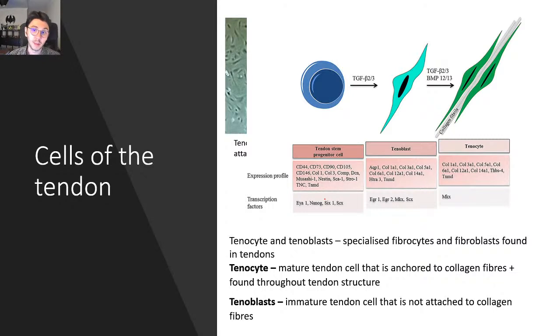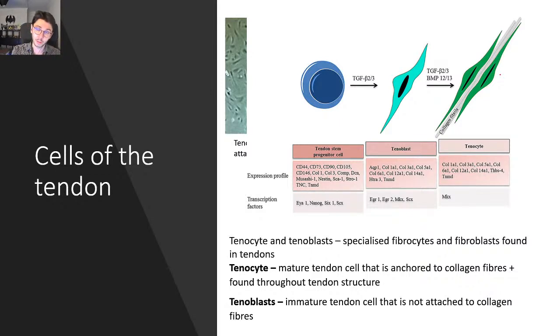And this is a sort of schematic to help you understand. So this is the stem cell, when it's in its most primitive phase. You don't need to know all these factors here, this is not necessary to know. But what I'm trying to show here is that under certain factors, such as TGF-beta, they become tenoblasts, you see. And then you have tenocytes, when it becomes attached to the collagen fibers and fibrils and helps maintain the structure.